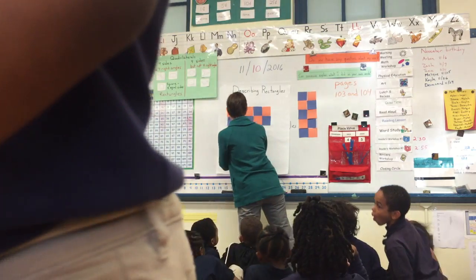What do we know about it? Fausto? Okay, it has 2 rows. Each one of these is a row.